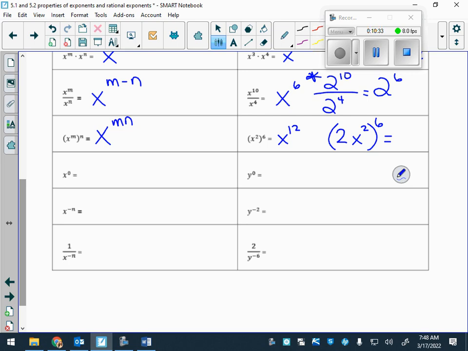Kennedy? Okay. So when you have a product raised to the 6th power, it's split in 2. So please do not forget to raise that 2 to the 6th power. Anything to the 0 power is what? 1.